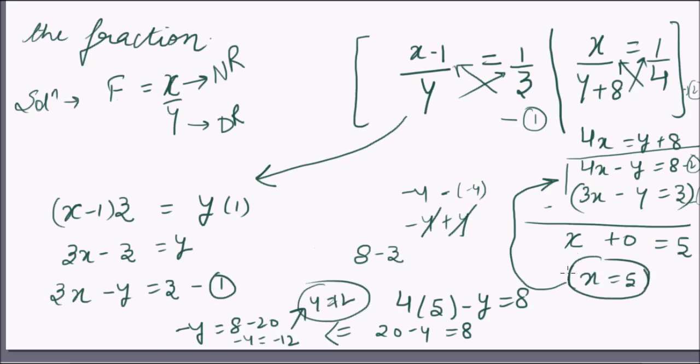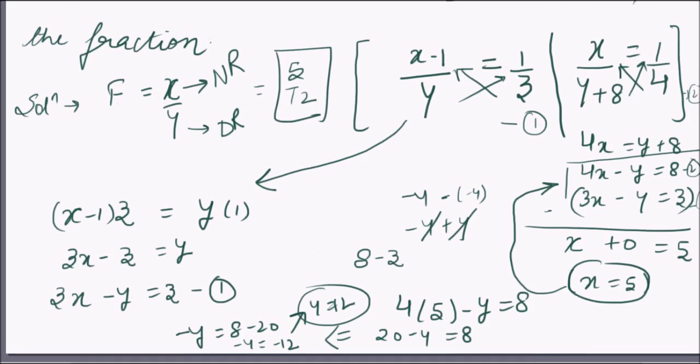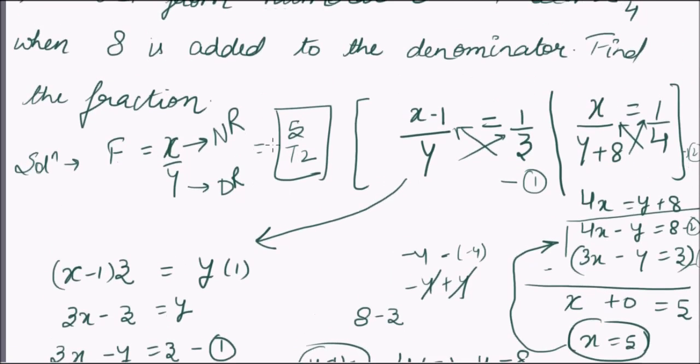Thus x equal to 5 and y equals 12. Our fraction was x over y, which becomes 5 over 12. So the original fraction or the required fraction is 5 by 12.